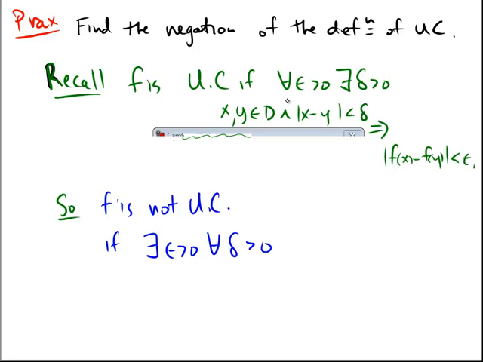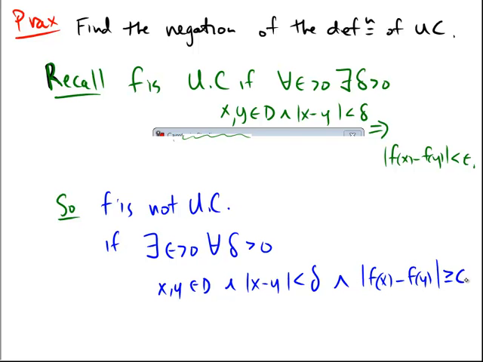The conditional's negation still needs to maintain the antecedent, so we still have x, y being in the domain, and the distance between x and y being less than delta. But then we also had to have the consequent of that conditional be negated, and so here we would be requiring that f of x minus f of y happens to be bigger than or equal to epsilon.